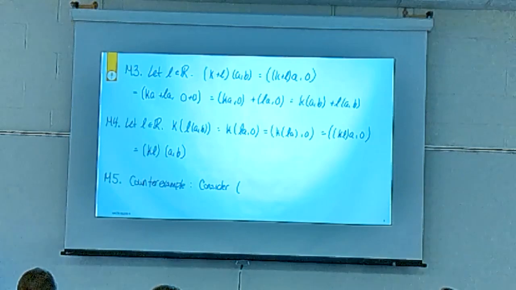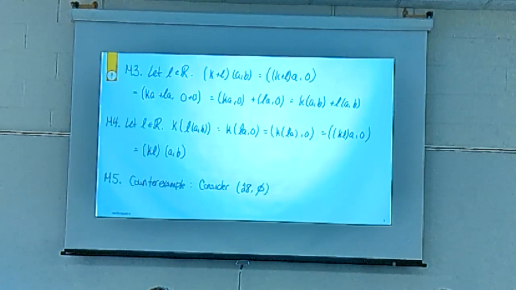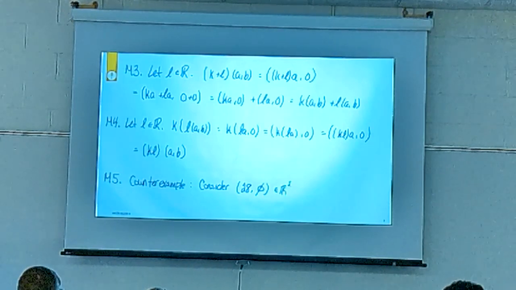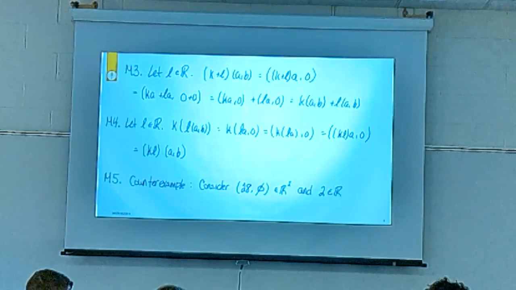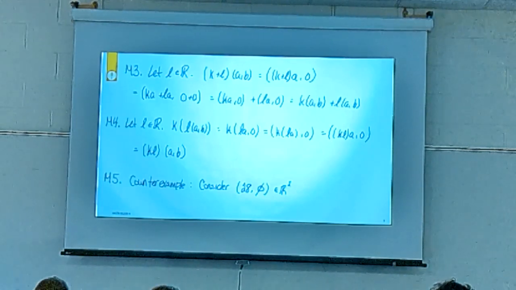So let's do my two favorite numbers. You can do the empty set? Oh, that's not the empty set, that's phi, the golden ratio. 28 and the golden ratio. Now that is clearly in R2, right? They're both real numbers. Oh no, I have to use 1. That's right, because this is the additive identity.